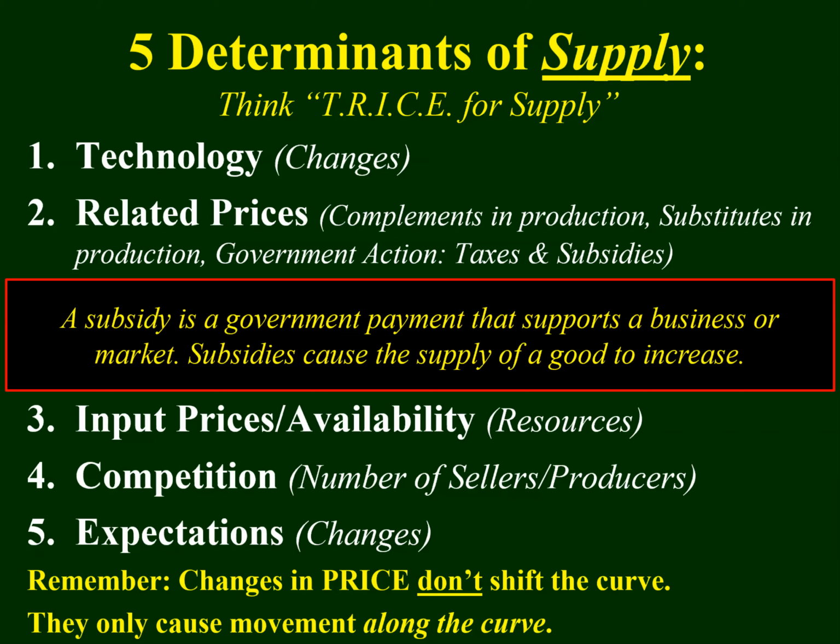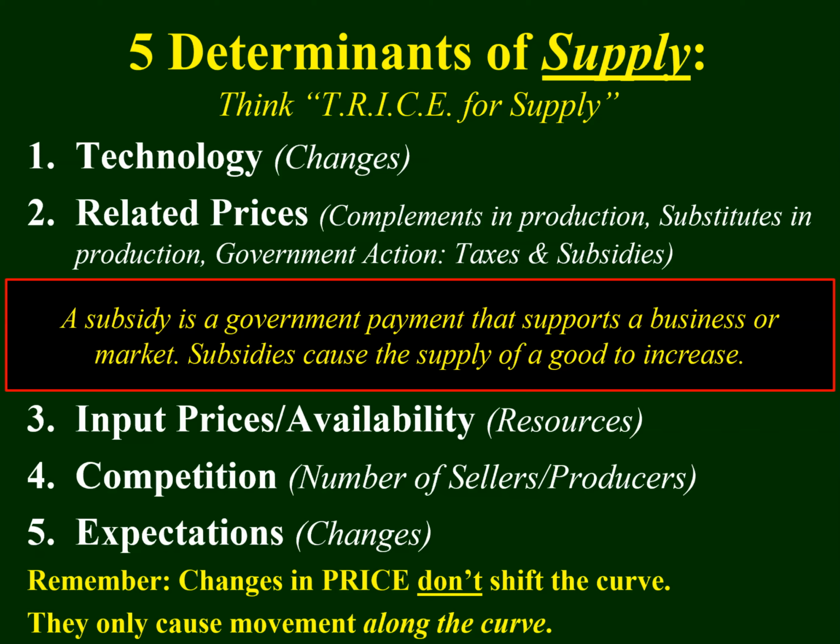I is inputs, the price of inputs, the price of resources that are going into making these goods or services. Again, if the input prices are rising, your supply curve is going to be shifting inward. And if the input prices are dropping, then your supply curve will be shifting outward. So the availability of those resources also has an impact in shifting the supply curve here.